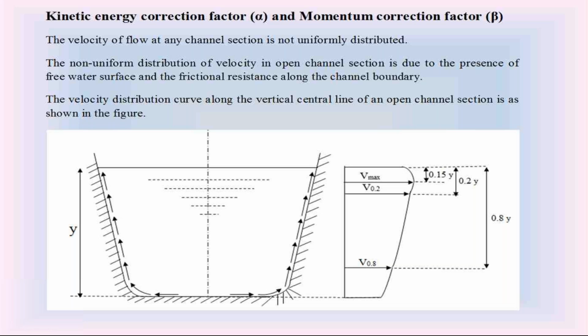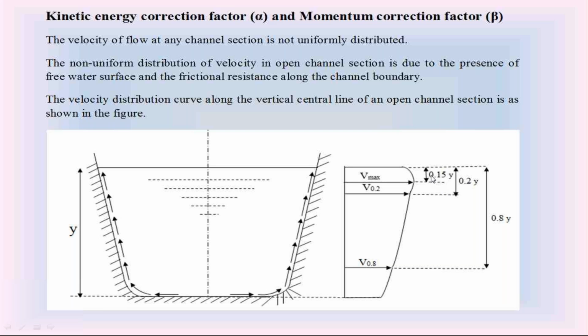That velocity of water from the top gradually increases and becomes maximum at a depth of approximately 0.15 into the depth of flow y. So roughly at this depth, 0.15 into y from the top of the water surface, the velocity of water in the canal becomes maximum.